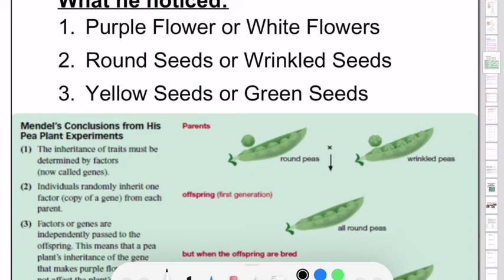The first trait was color. The second one was, I guess, texture. And the third one was, well, the color as well. So this is color of seeds, and this is color of flower.